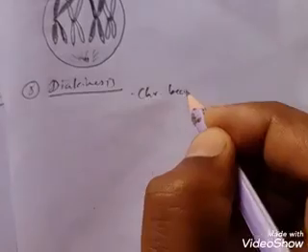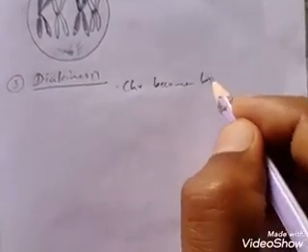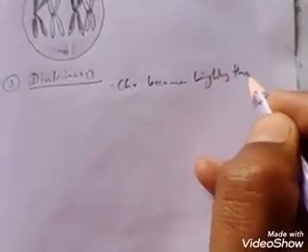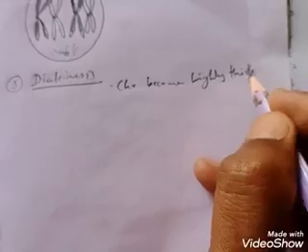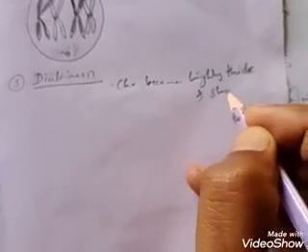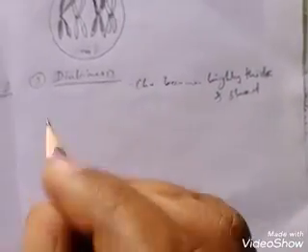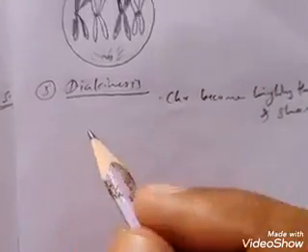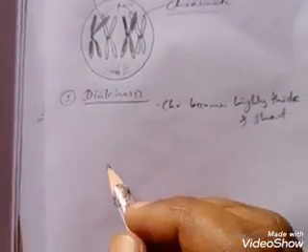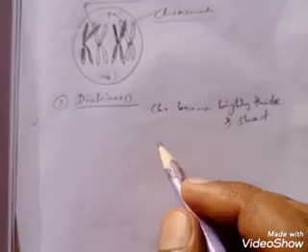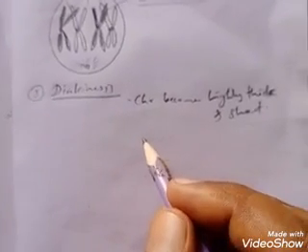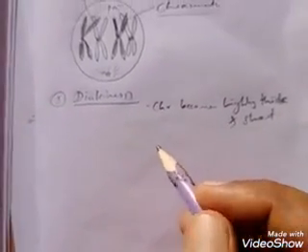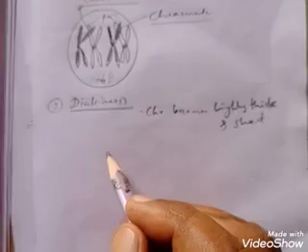When you observe the diagram here, this repulsion is continuous. The homologous chromosomes are still repelling each other, and the exchange of genetic material takes place.